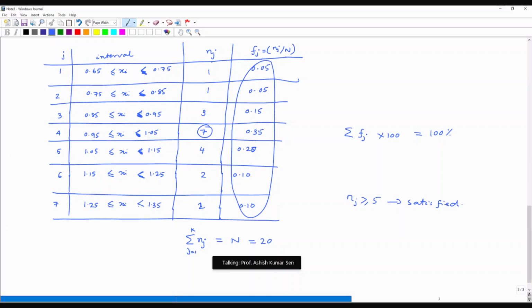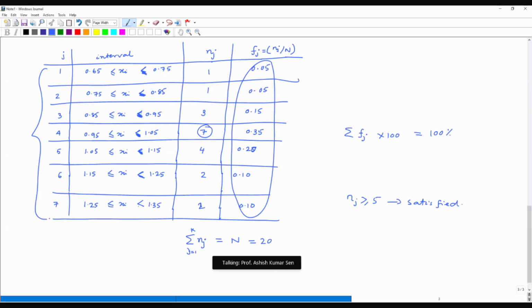Now, the question is, how do you know how many intervals to pick? Whether I will make 7 intervals, whether I will go from 0.65 to 0.75 or 0.65 to 0.7. Why not 0.7?